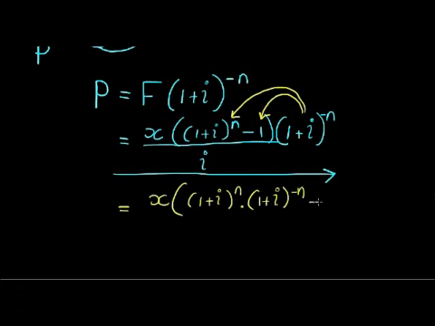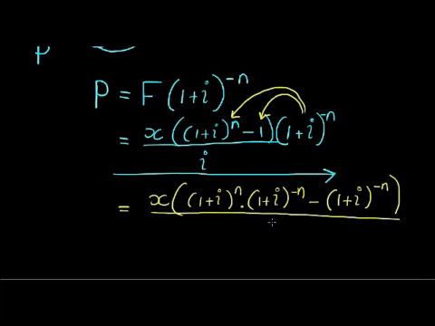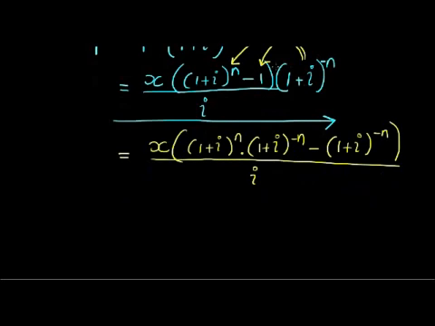And I hope you can see what's happening. Here I have a 1, the bracket is being distributed to that 1, so it's just negative 1 times 1 plus I to the power of negative n. And that all happened in the numerator, nothing happening in the denominator because I'm multiplying.